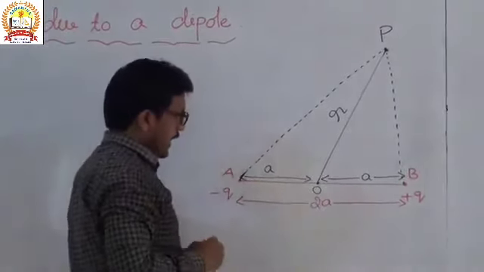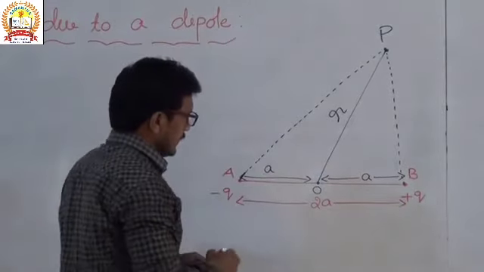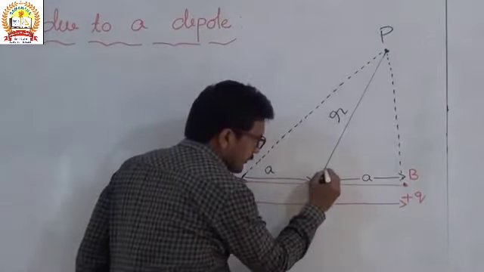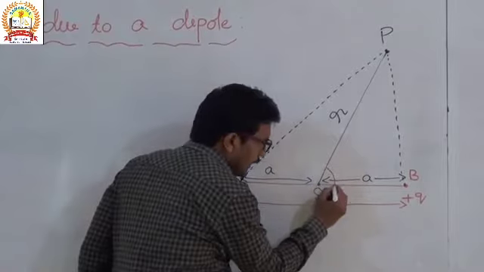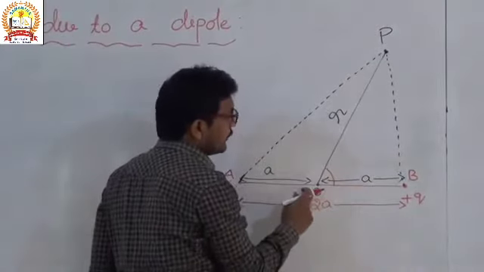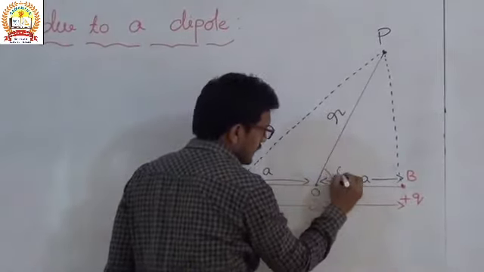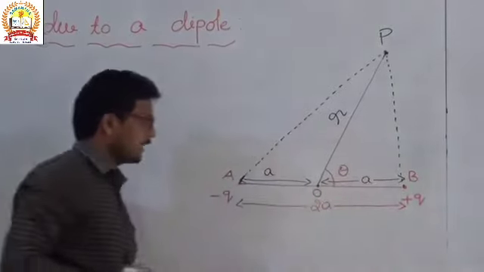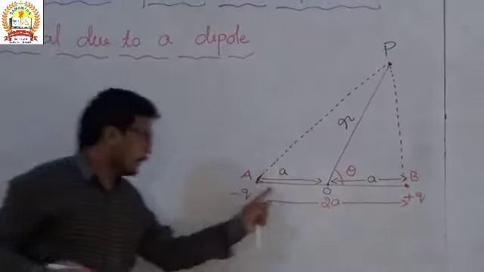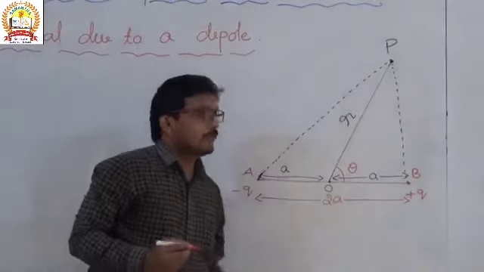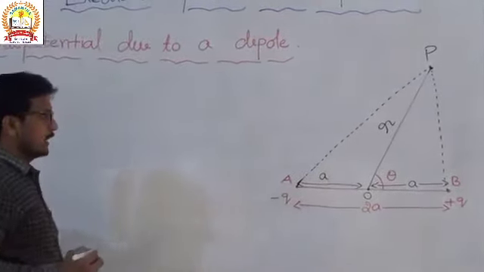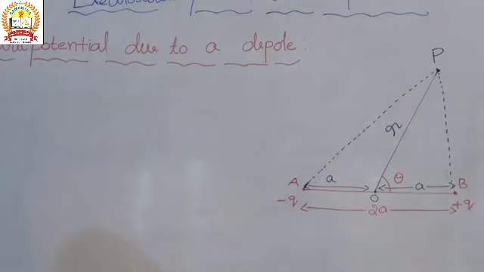Theta is the angle between the dipole axis and the line joining O to P.